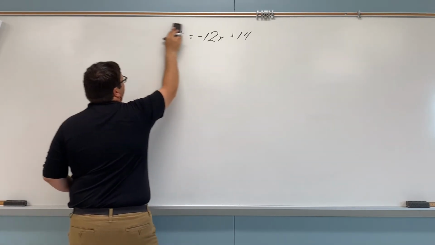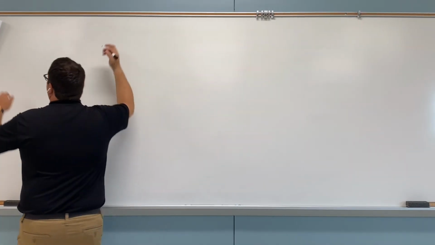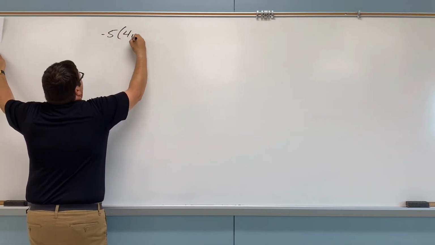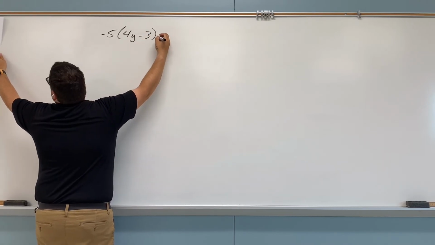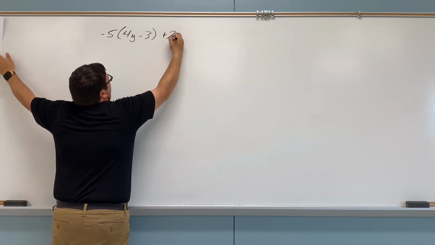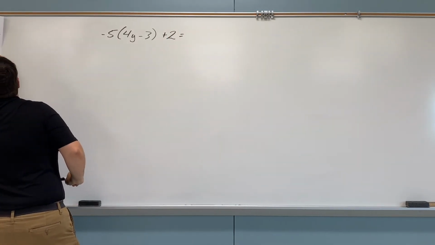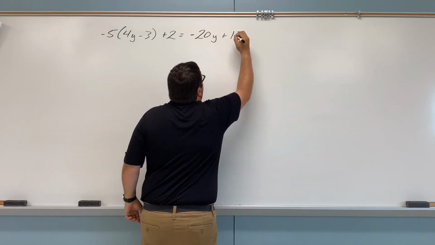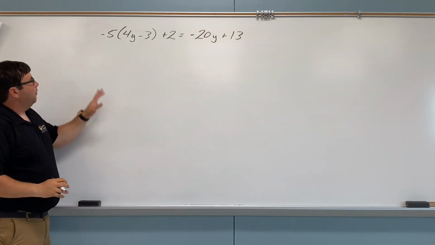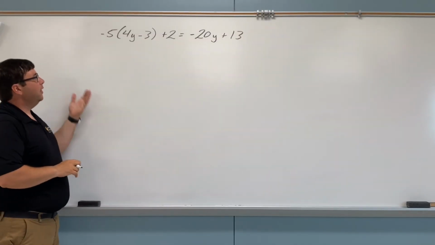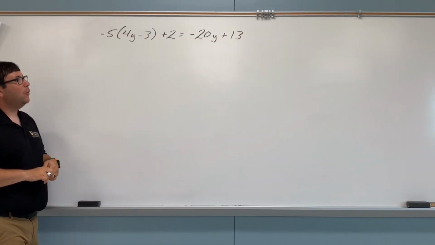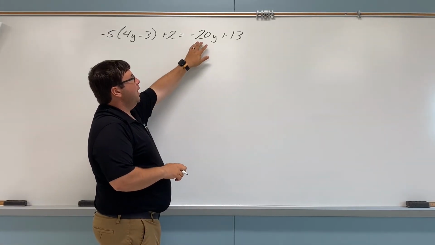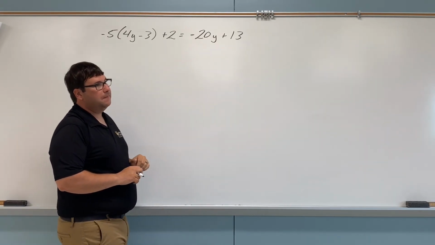Again, gotta get my board space. So, my new equation that I'm working with is negative 5 times the quantity of 4y minus 3, plus 2, is equal to negative 20y plus 13.